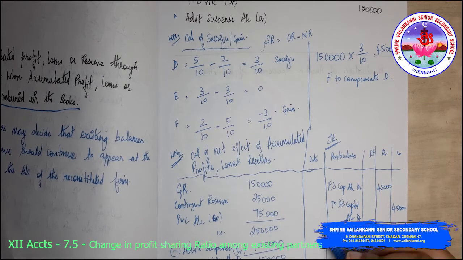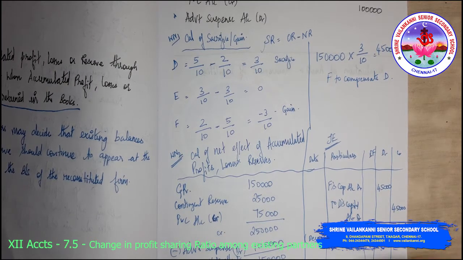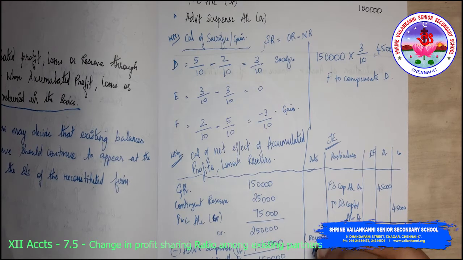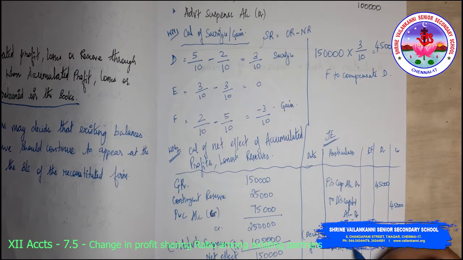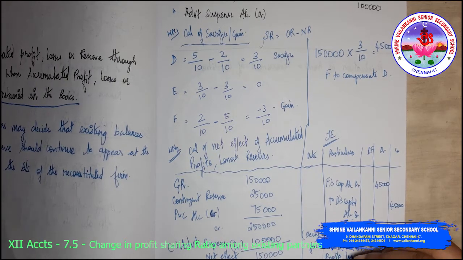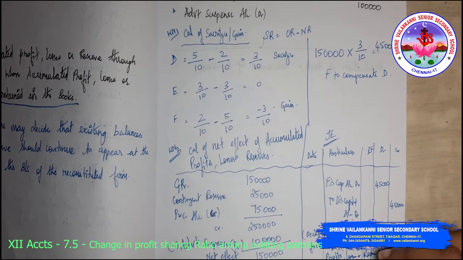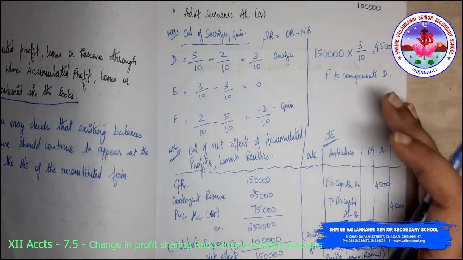Narration: being adjustment made for net accumulated profits, losses and reserves. Okay, so this is how you need to show it in the format.